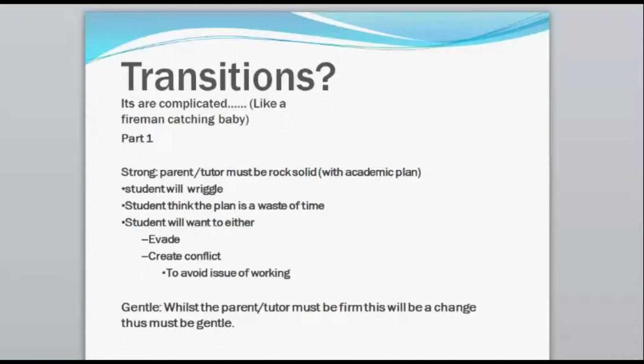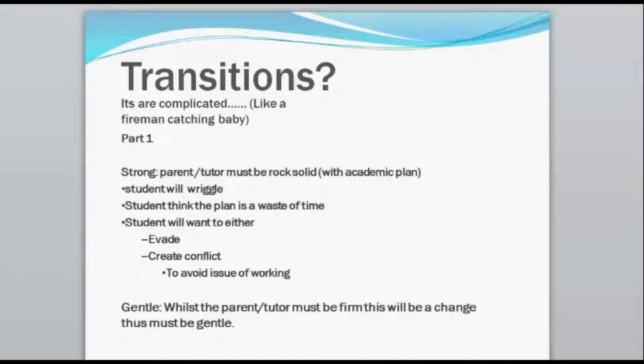Yeah, got you. Thanks. So there's a number of different things that you have to remember in terms of a transition. A lot of the time in a transition, you don't have complete agreement by the student, and what I mean by that is that students will often wriggle. The reason is the conflict, as we discussed in the first part of the tutorial.